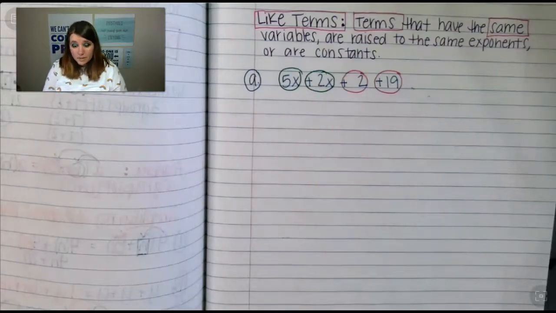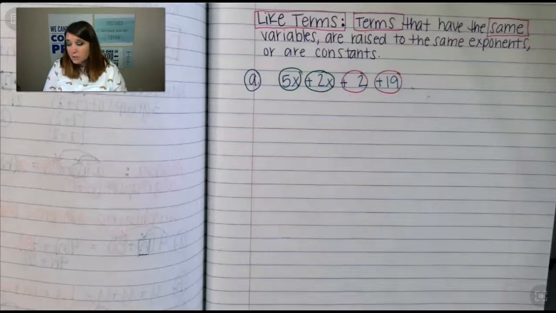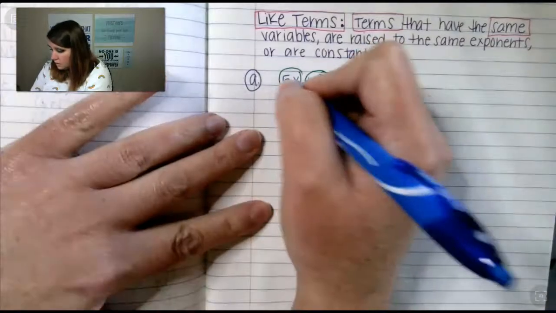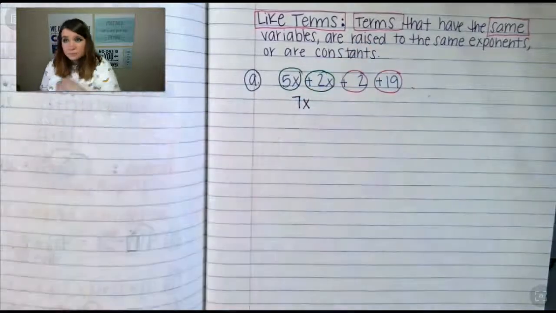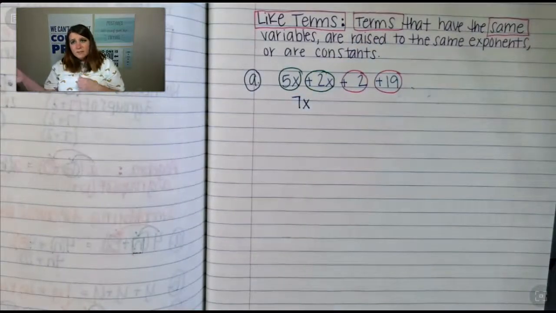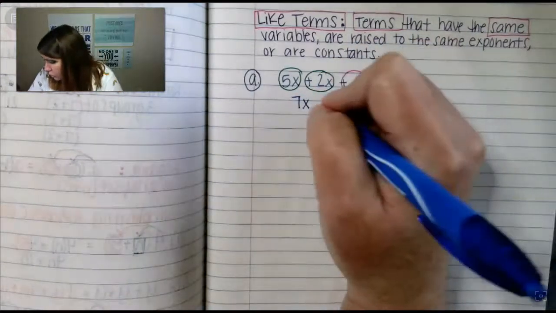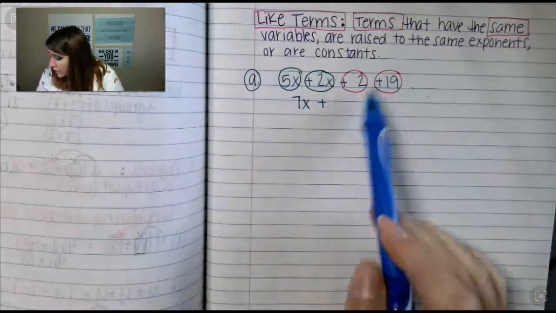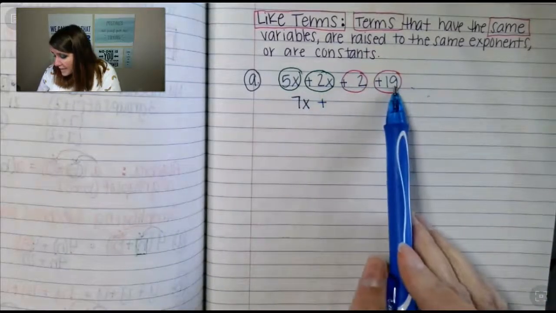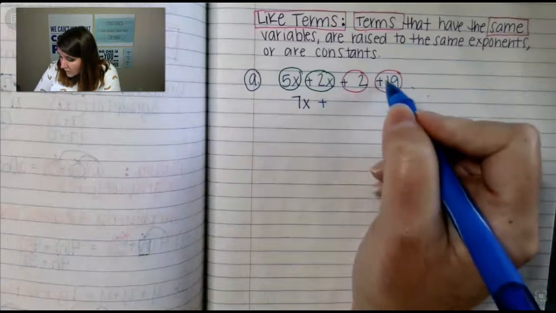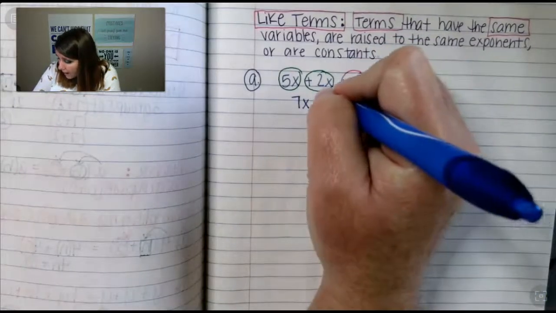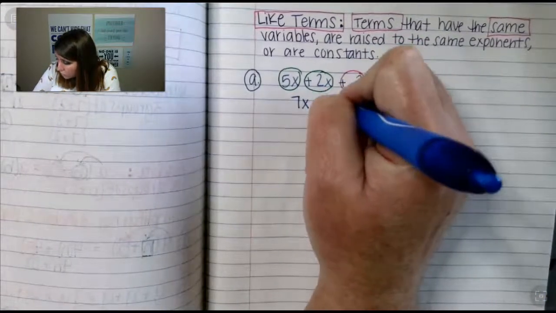So we would be able to combine these like terms and these like terms together. 5 plus 2 gives us 7 x's. And over here, we would have 2 and 19. Because they're both positives, if we added those, we would have 21.